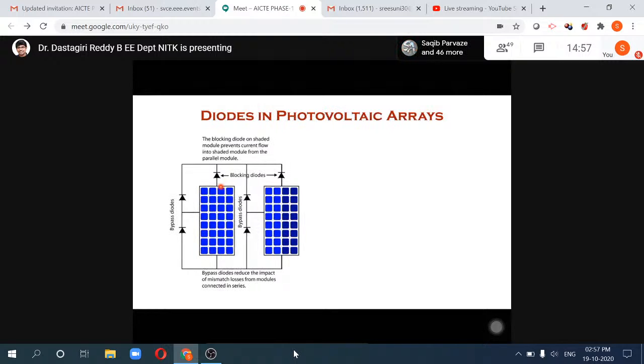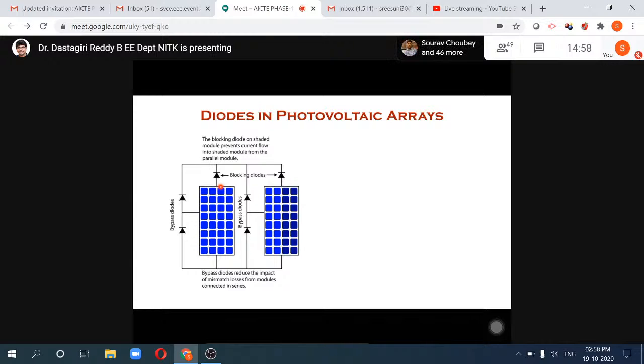So this is what you get in the real world. You won't get a bypass diode for every cell and also a blocking diode for every series connection. We have to accept that because there is too much cost involved, and all these diodes have to come with connections. And we know the significance of series resistance.